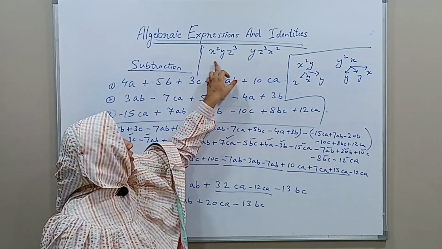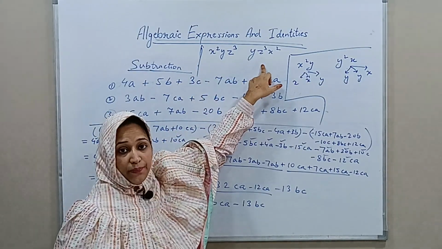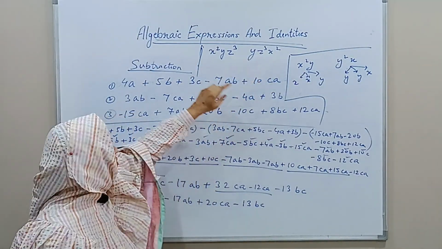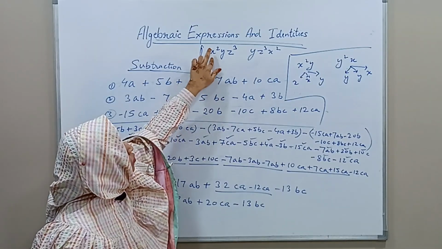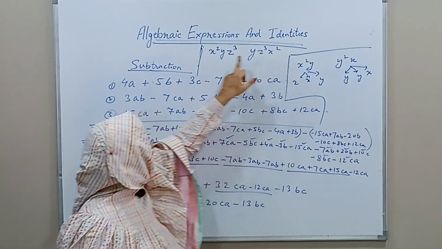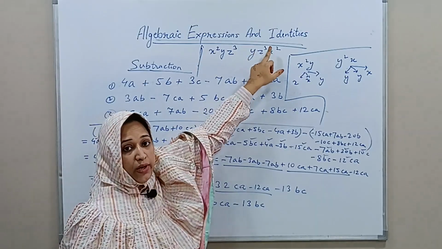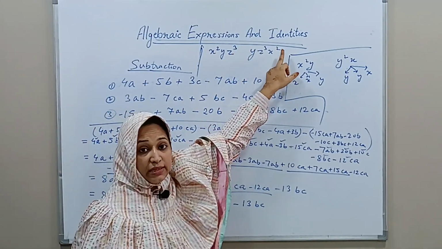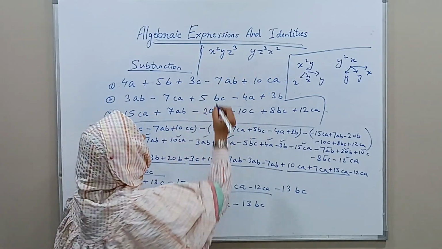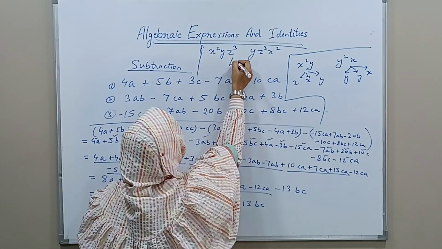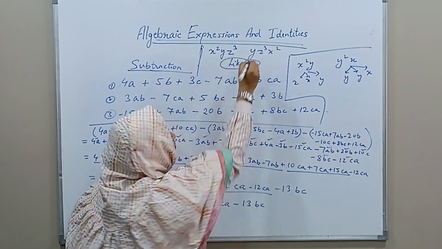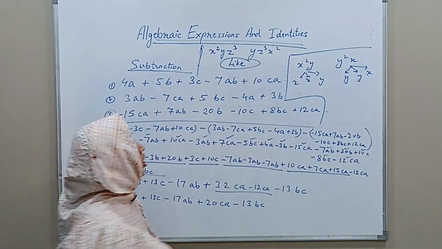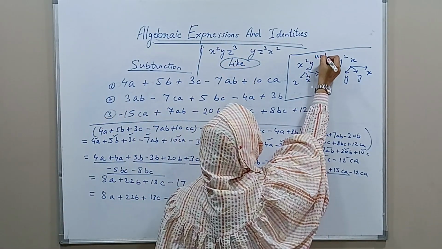We have same alphabets x, y, z. Now check the powers. Power of x is 2. Here also power of x is 2. Power of y is 1. Power of y is 1. Power of z is 3. Also here power of z is 3. So these become like terms. Okay, these are like terms because the variables are same, whereas these are unlike terms.